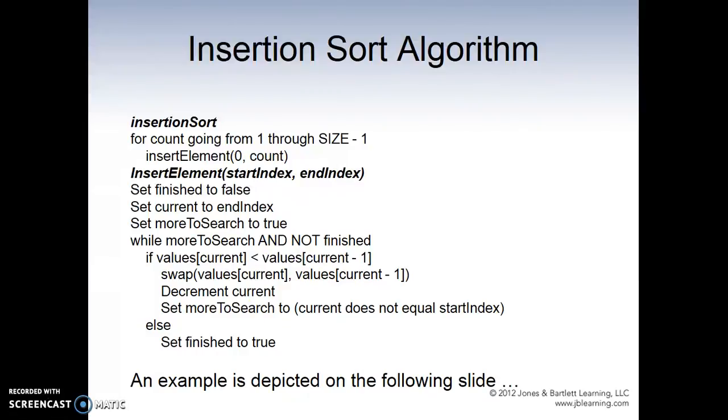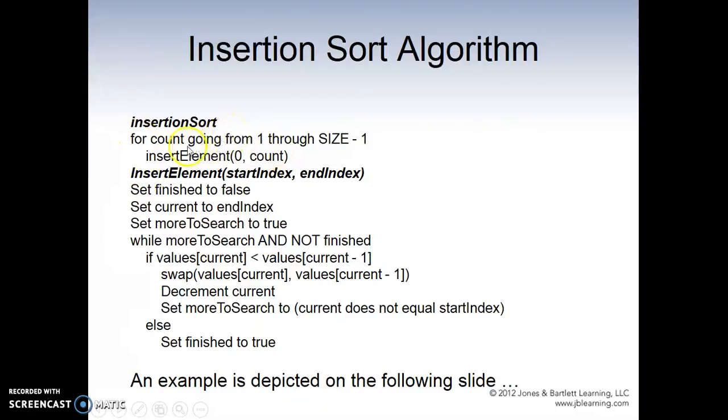We swap 10 and 36 and decrement the current. Current was 1, now it's 0, right? Set more to search to false, since current equals the start index, 0. So we have no more to search. We're done. Then we go back to the loop.